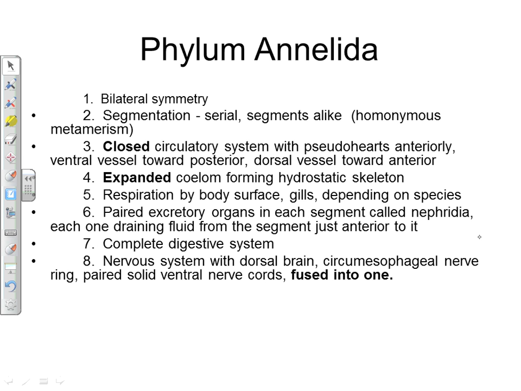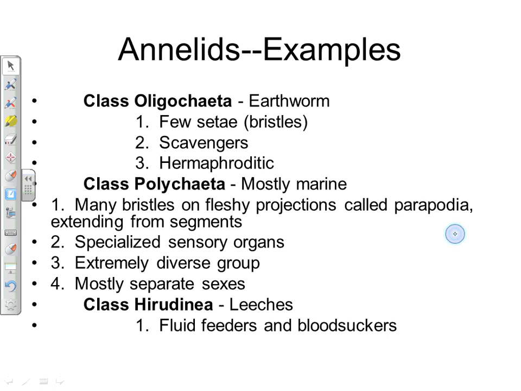As we said before, they do have a nervous system. I'm using this word brain here very loosely. Ganglion is probably the better word to use there. There's a couple of main classes, actually 3 classes in this group. Oligochaeta are the earthworms. And these have these setae to help them move.